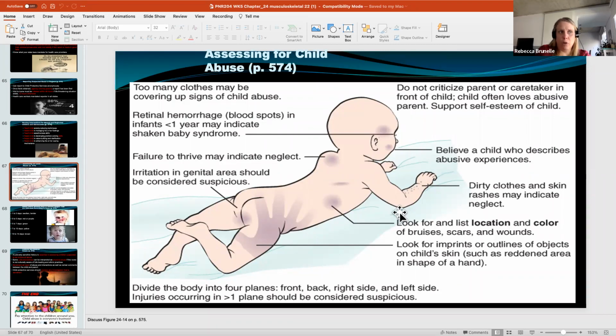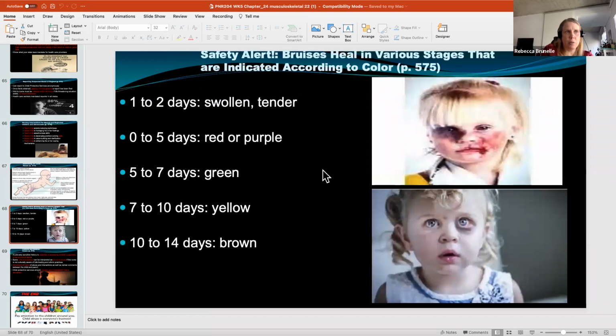So, bruises in various stages. This one here kind of shows you, when you first develop a bruise, it's just swollen, and then it becomes red or purple, and then it becomes green, and then yellow, and then brown. So you are always more worried if a child has multiple bruises that are in different stages of healing, because that means the child has had multiple days when they've been bruised.